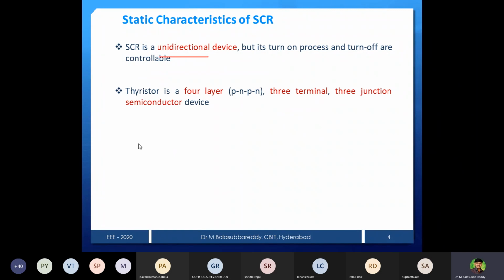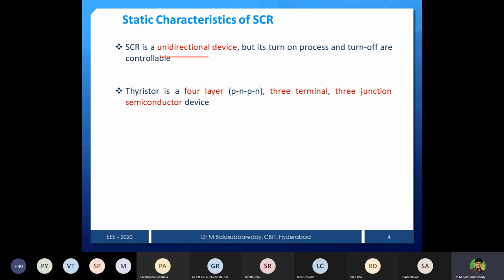Now, the thyristor structure: if I consider it, it is a four layer device, PNPN. These are the four layers. It has three terminals. What are the three terminals in an SCR? Anode, cathode and gate.